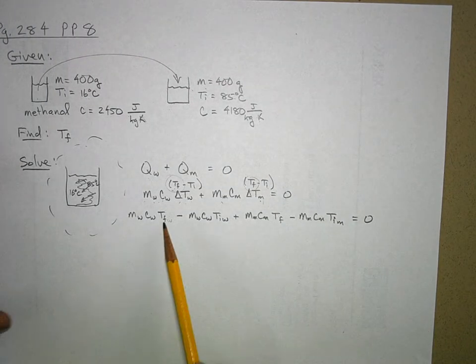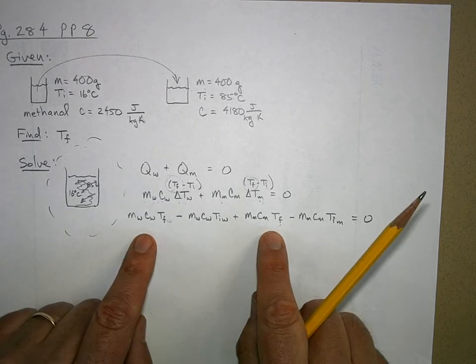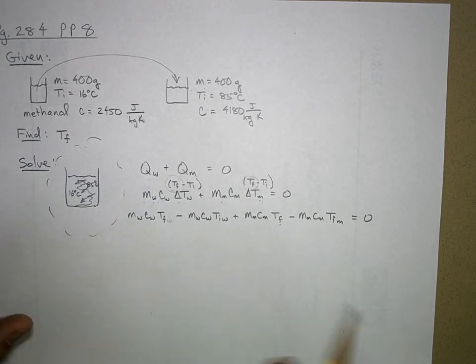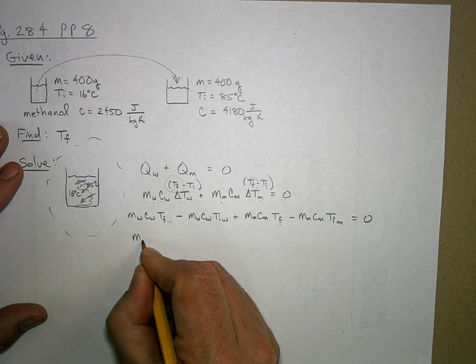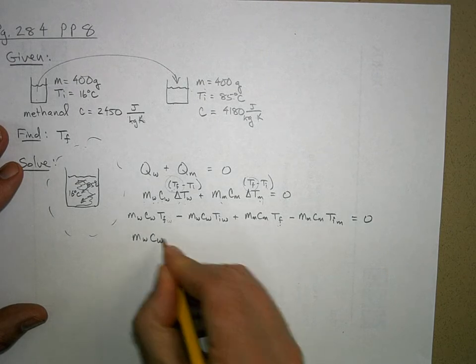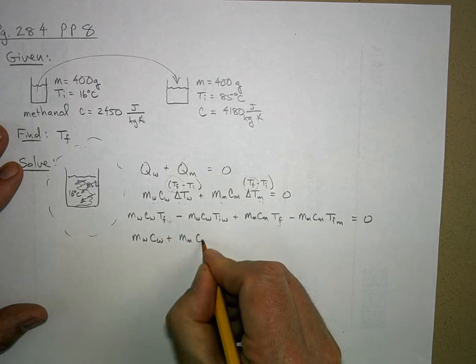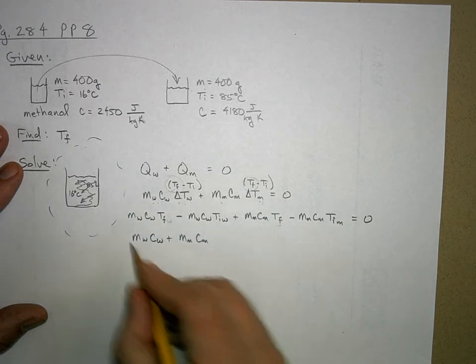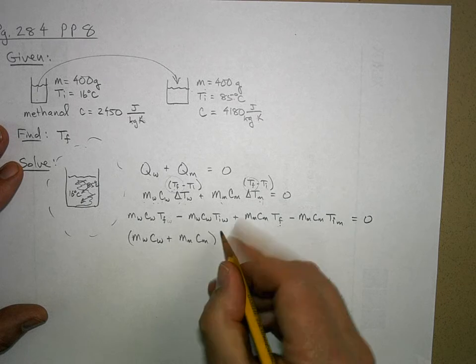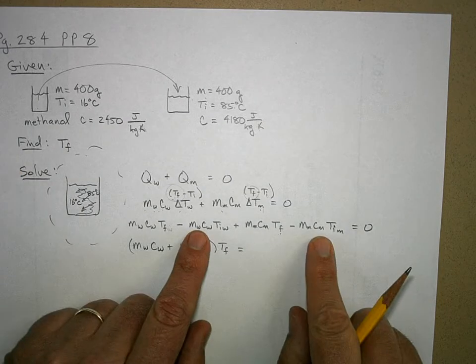So I want to solve for T final. So I'm going to distribute that out. This is going to be the mass of the water times the specific heat of the water plus the mass of the methanol times the specific heat of the methanol times T final equals, and then I'm going to put this on the other side.